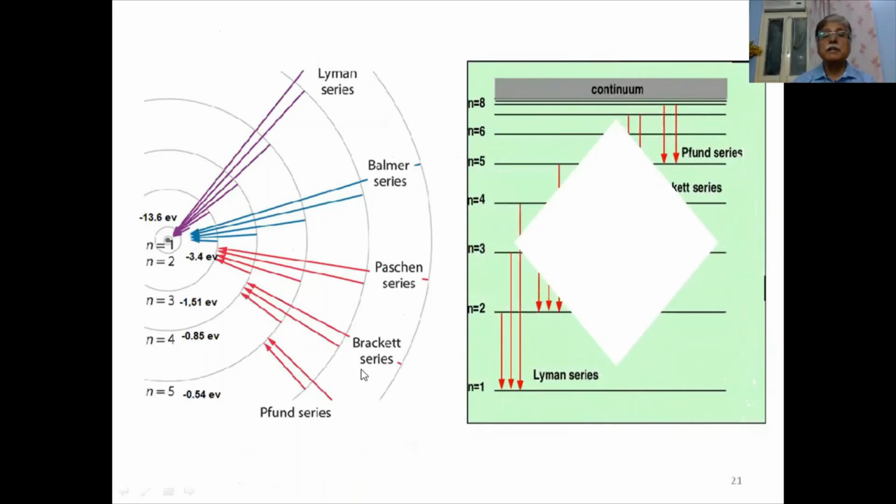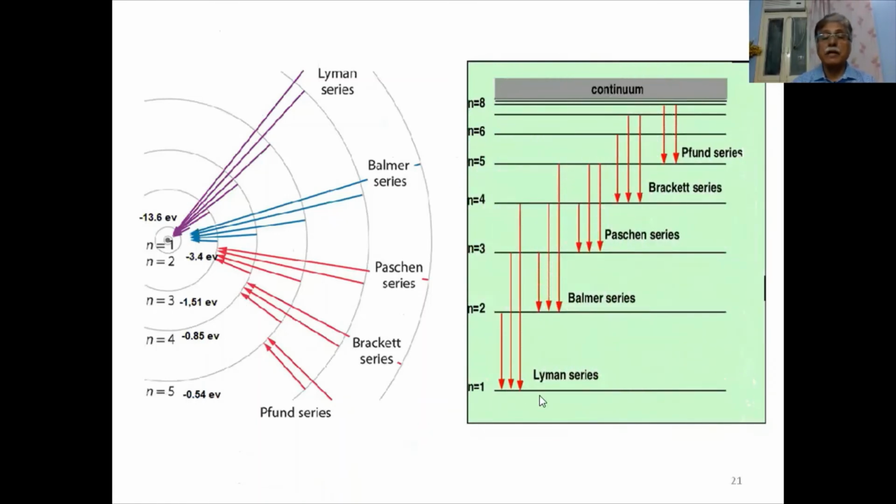Similarly, if we see it on the vertical scale, for final nf equal to 1, we have the Lyman series. For nf equal to 2, we have the Balmer series. For nf equal to 3, we have the Paschen series. For nf equal to 4, we have the Brackett series. For nf equal to 5, we have the Pfund series. So this is how we can show the jump of electrons from different orbits to the first, second or third, and they are all making different series. The 5 series are shown over here, and then after that the continuum.